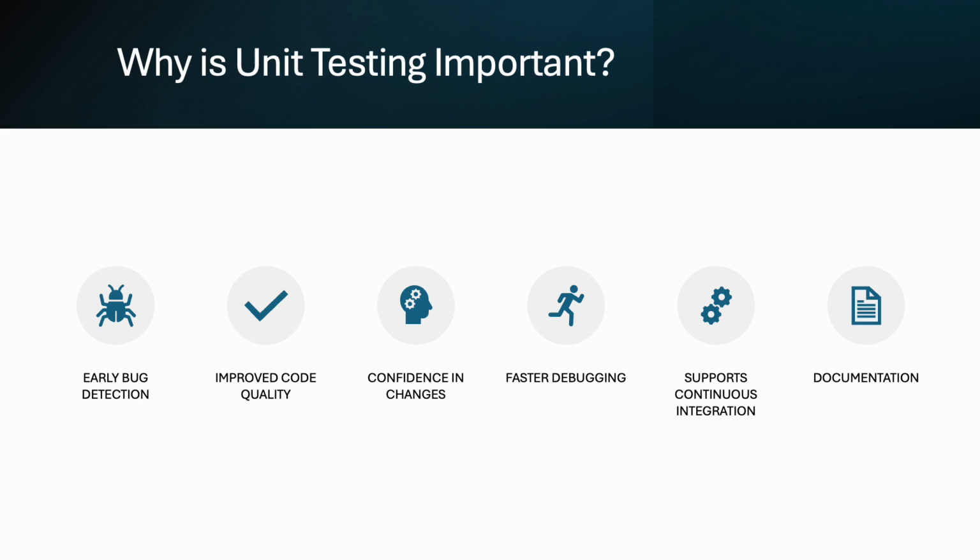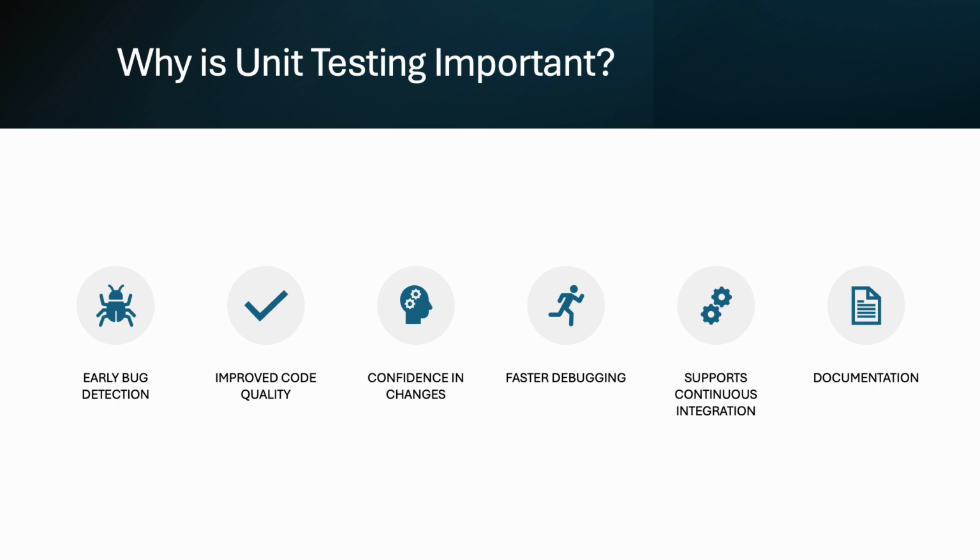This leads to cleaner designs because it's easier to test small, self-contained pieces of functionality. When you modify code, you can immediately know whether the changes broke something. This confidence is essential for long-term projects where frequent updates are needed.